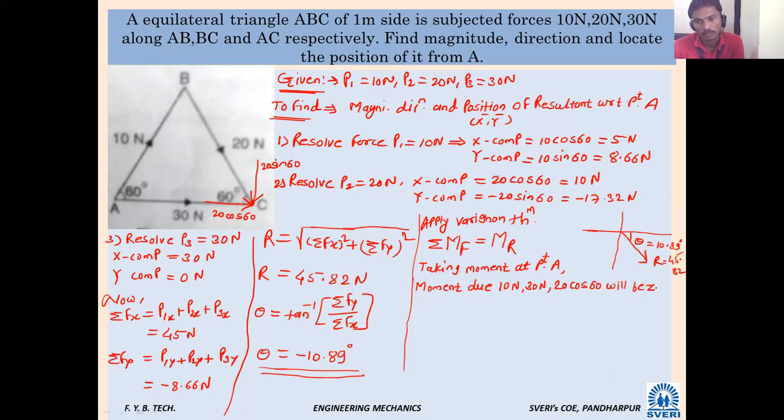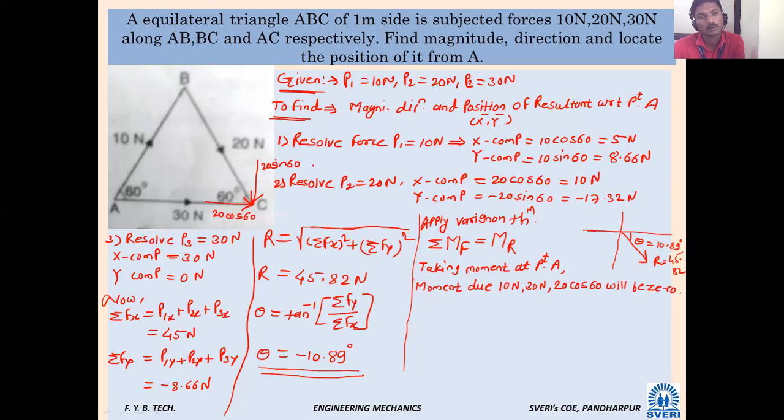Are you agreed with me? Yes, sir. The moment due to 10 Newton, 30 Newton and 20 cos 60 will be 0 because all these forces are passing through point A.